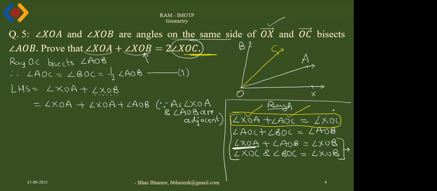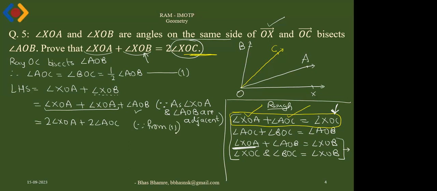Now, what I marked over here in the yellow box, XOA plus AOC, comes. Here I already have twice XOA, and because of 1, angle AOB can be said as twice angle AOC. This happens from 1.